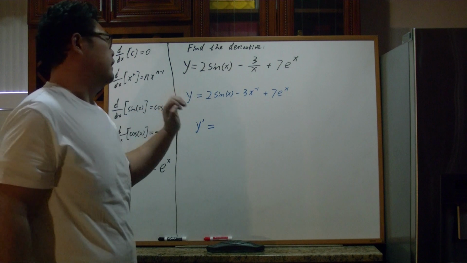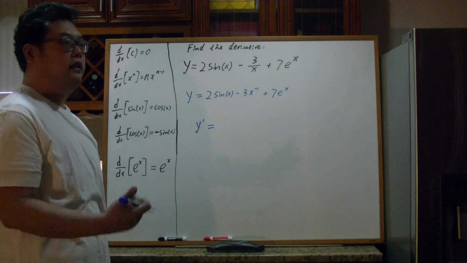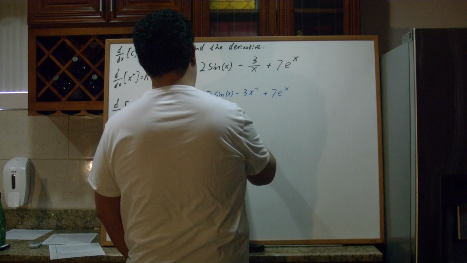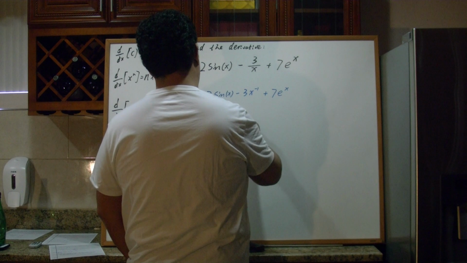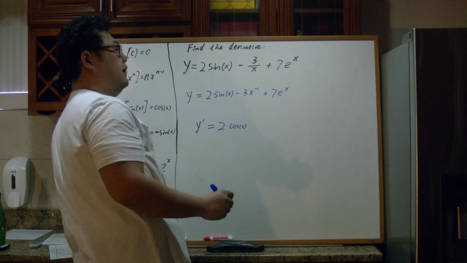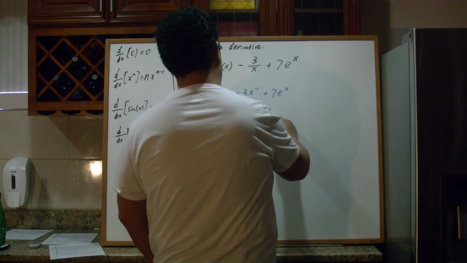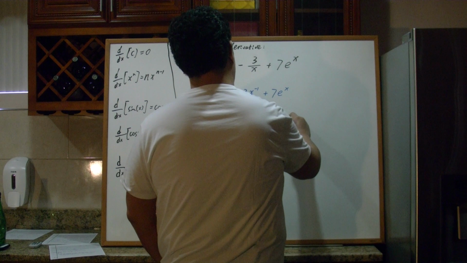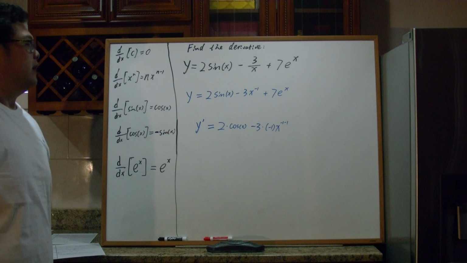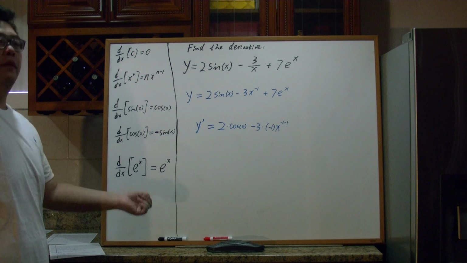Then we find the derivative. Sometimes we cannot directly find the derivative from the function; we need to do some other thing first, like here. We get the derivative of sine is cosine of x. The coefficient still stays. Negative 3 times the power, which is negative 1, so carry that down, and the power of x will become negative 1 minus 1.